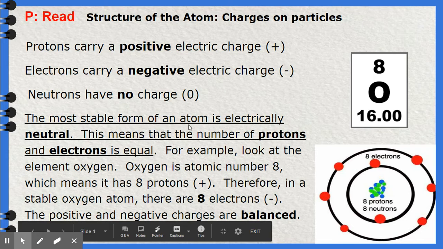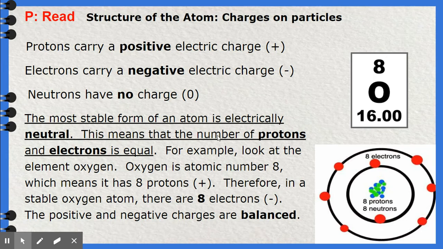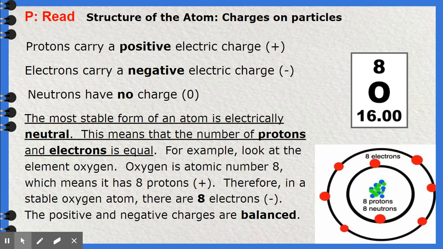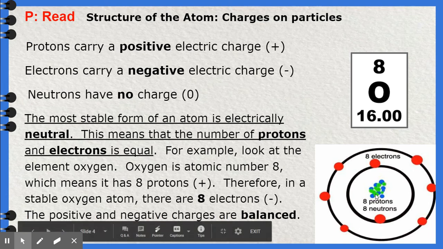The most stable form of an atom is electrically neutral. This means that the number of protons equals the number of electrons. So in order to have a neutral atom, like the overall charge of this atom would be neutral. It's not going to have any charge because your protons, 8, will equal your number of electrons, 8.